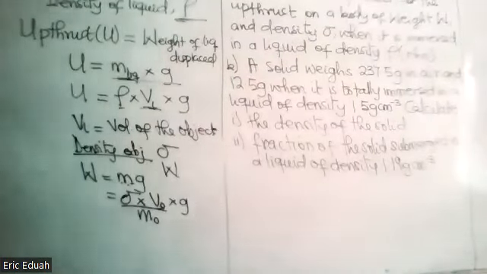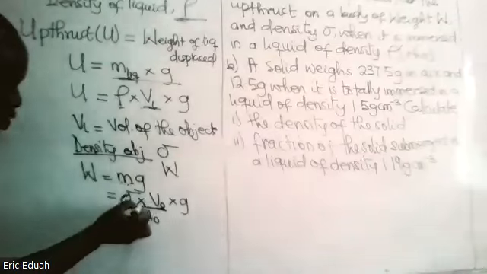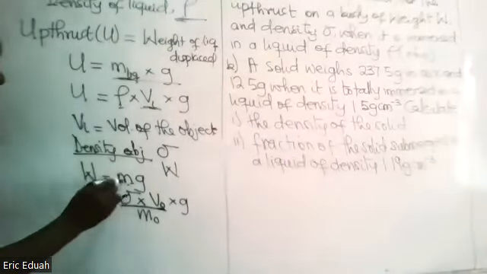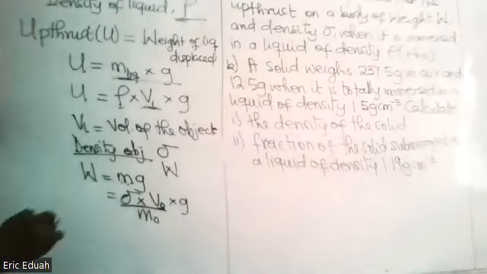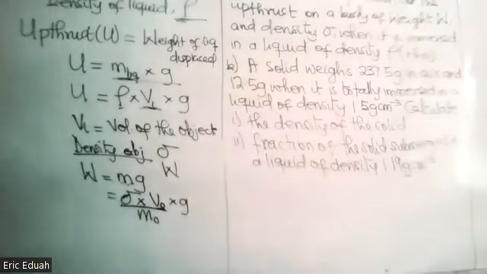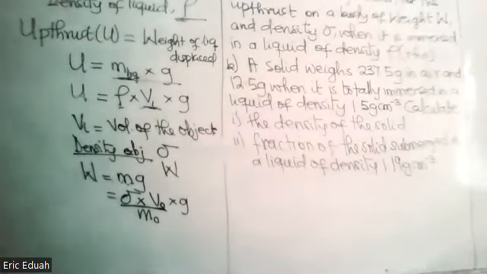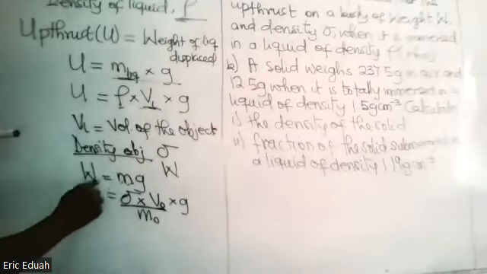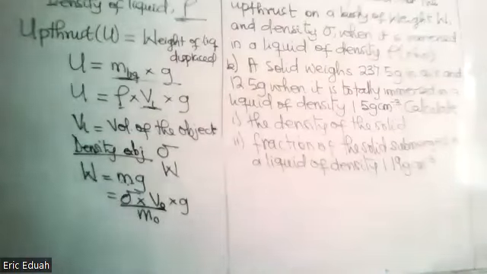Are we okay? This is equal to the mass of the object because we are only expressing mass in terms of density and volume. Class, are we fine? No, please. The weight of the object is equal to the mass of the object times gravity.